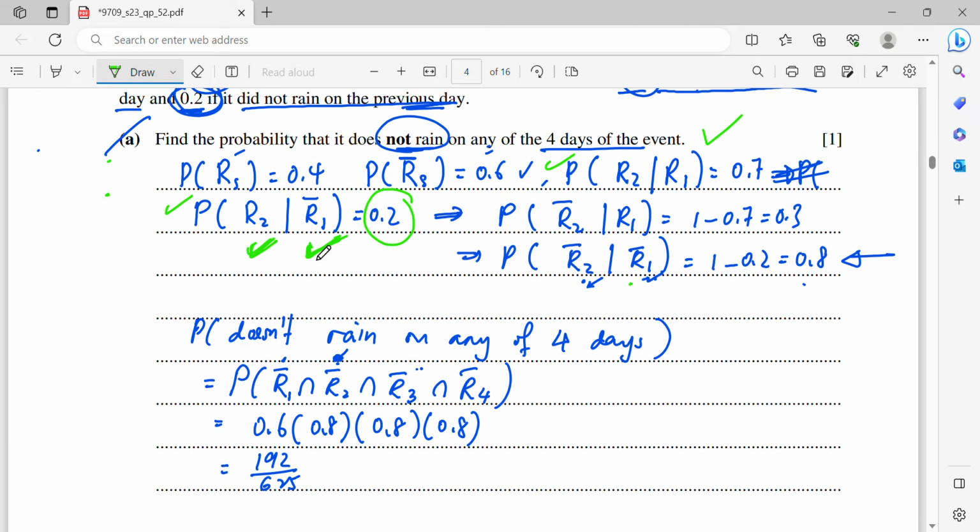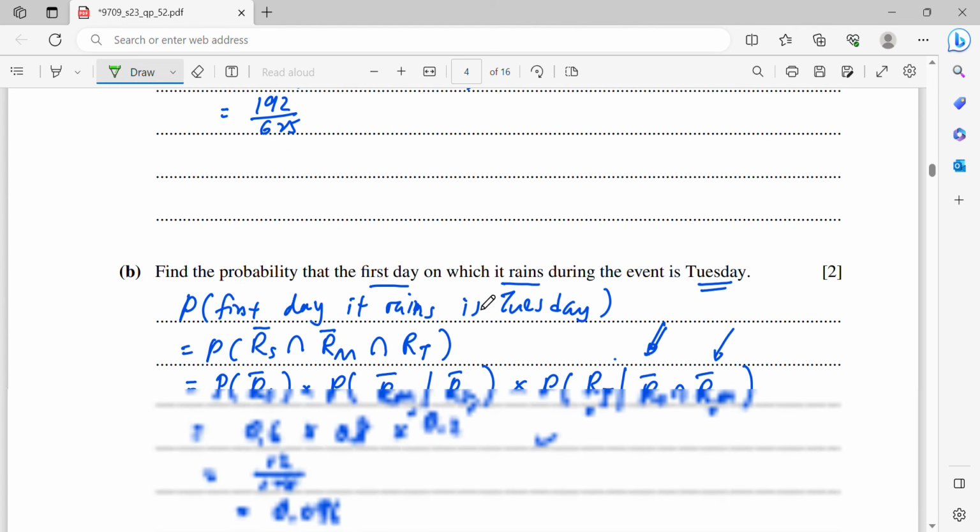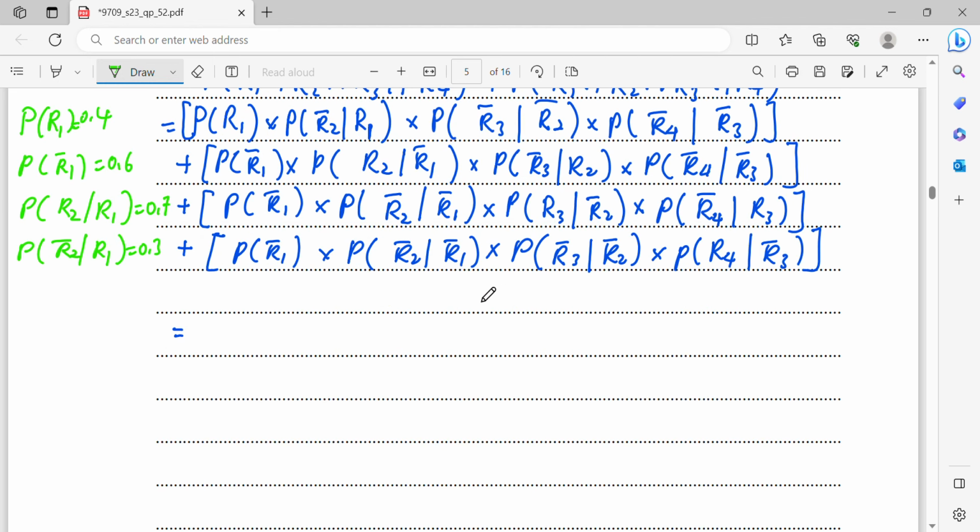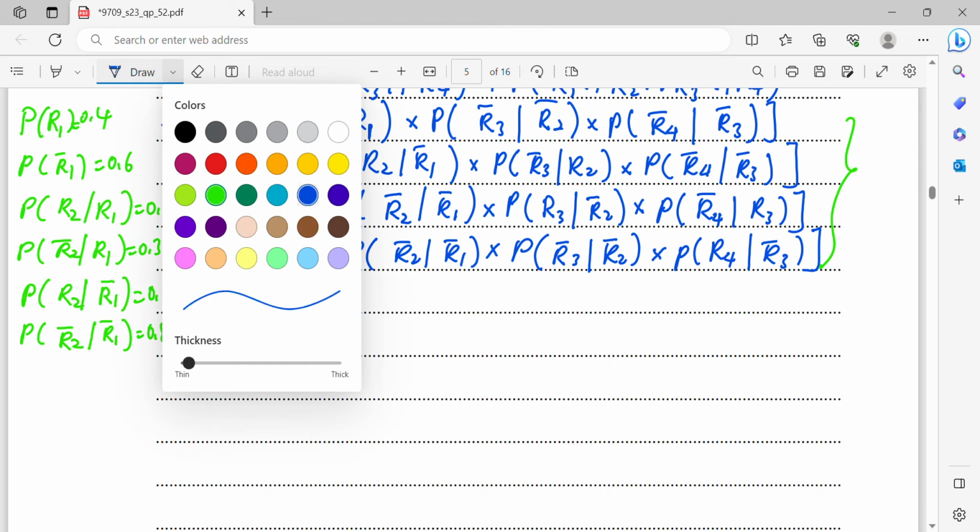Lastly, first day not rain, second day rain is 0.2. That means first day not rain, second day not rain will be 0.8. Okay, so now we will just substitute all these values into these 4 expressions.